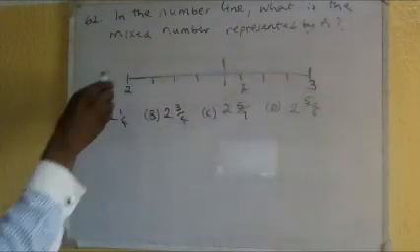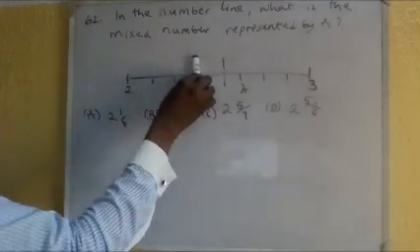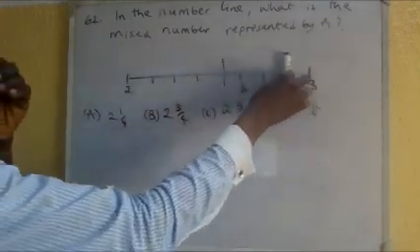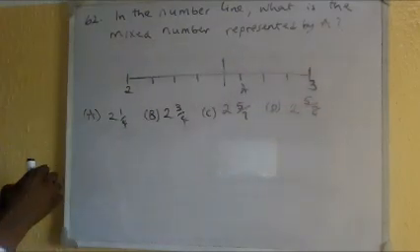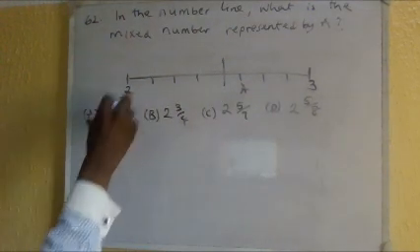So if you see, the divisions here are 1, 2, 3, 4, 5, 6, 7, 8, 9, supposed to be 10. Let me count from here. 1, 2, 3, 4, 5, 6, 7, 8, and 9. Okay, so it's supposed to be 10 according to the question.